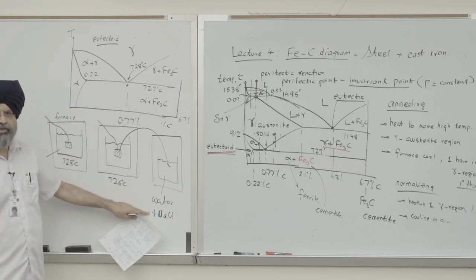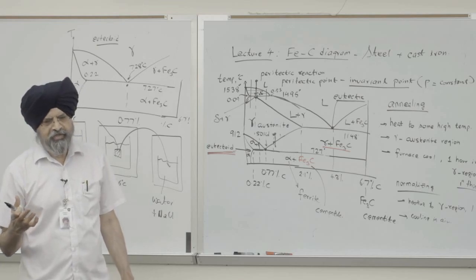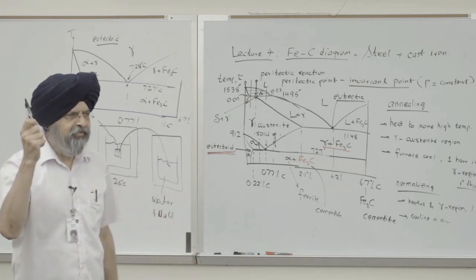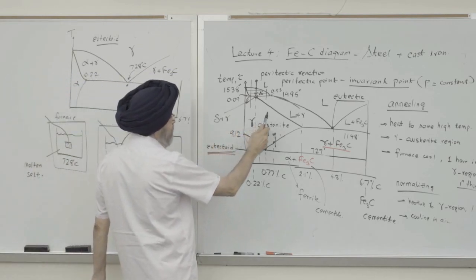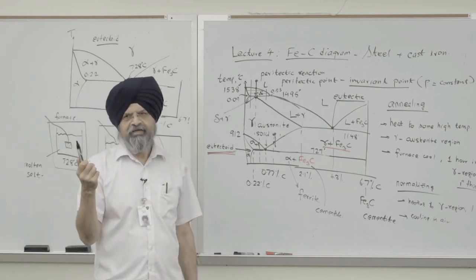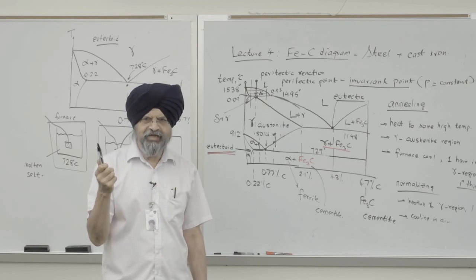So in the old days, when they made swords for the king, they wanted the sword to be very strong. So what they would do is they would take that steel, they would heat it up in the eutectic region, say 1,000 degrees centigrade, is white hot. So I don't know if I should say this in this class.